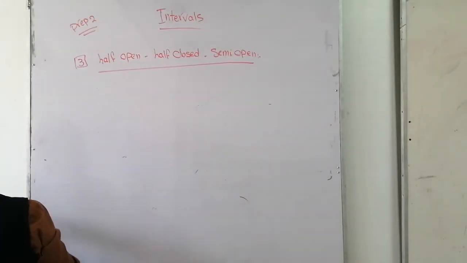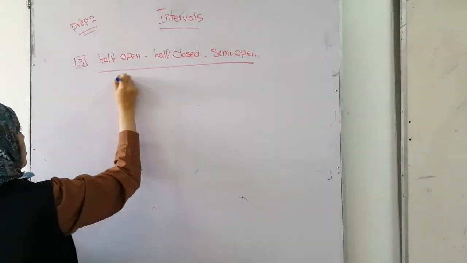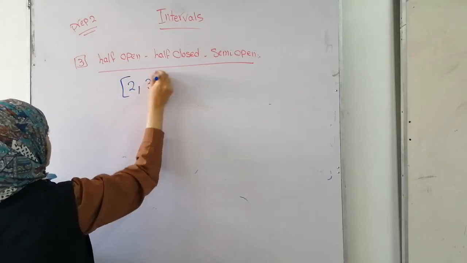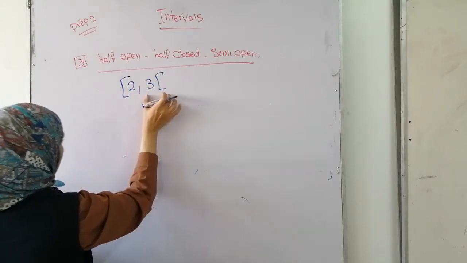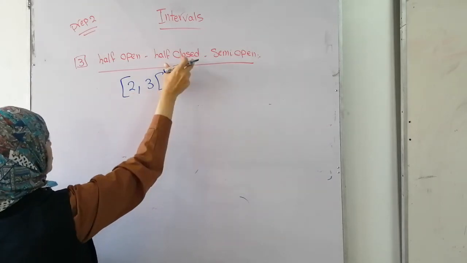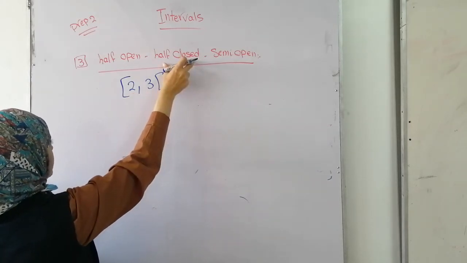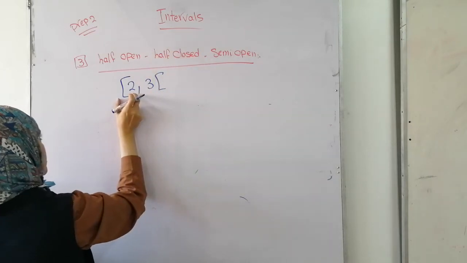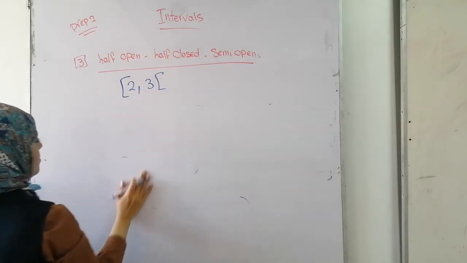Like 2 and 3. This is called half open because half of it is open and half is closed. And also we can call it half closed because it's half closed and half open.